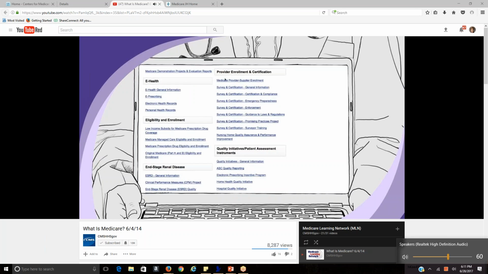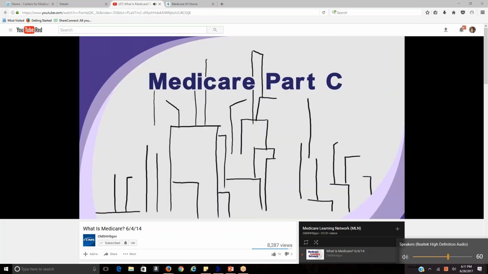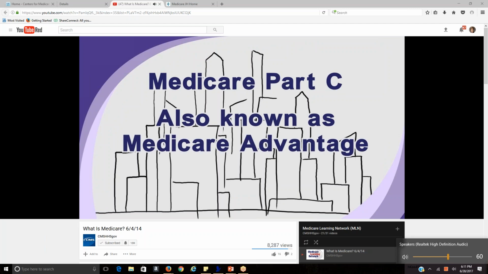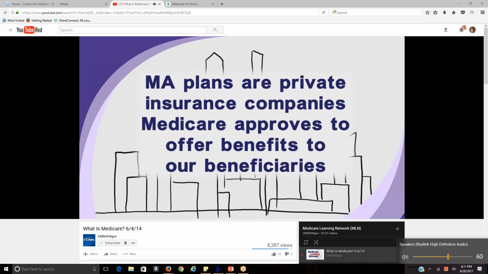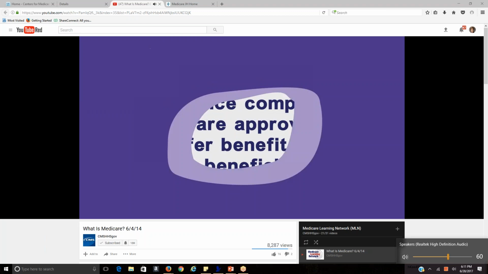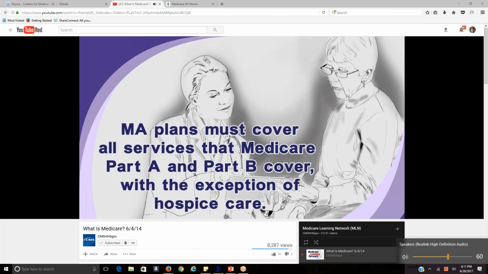Medicare Part C, which we often call Medicare Advantage or MA, is another option Medicare beneficiaries can choose. MA plans are private insurance companies Medicare approves to offer benefits to our beneficiaries. MA plans must cover all services that Medicare Part A and Part B cover, with the exception of hospice care.